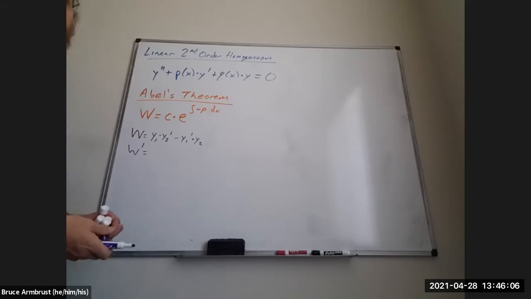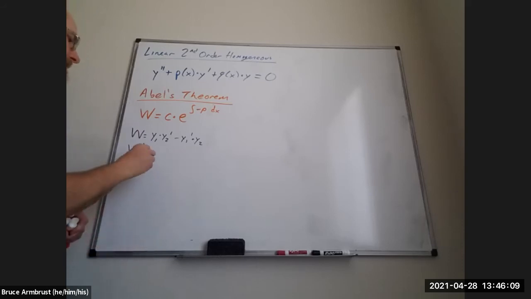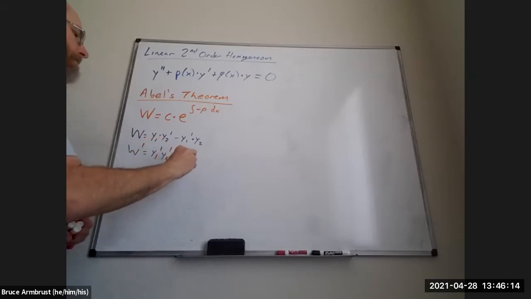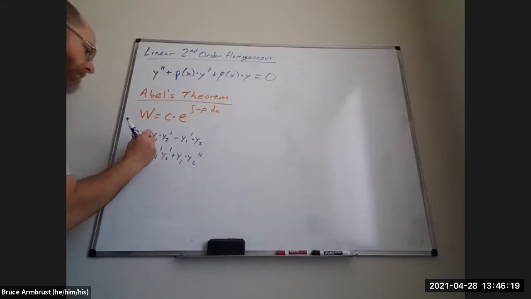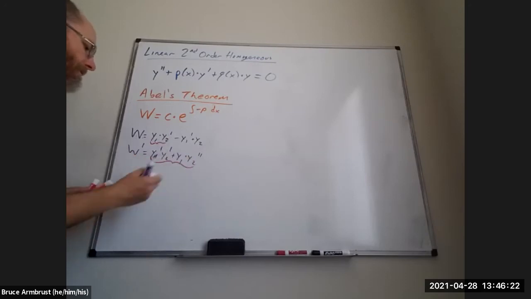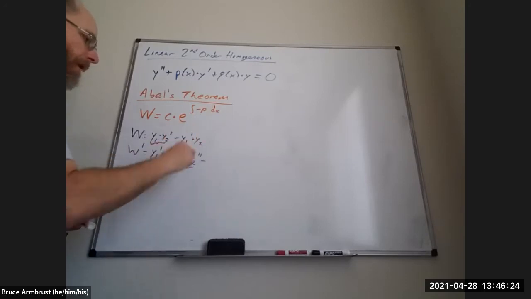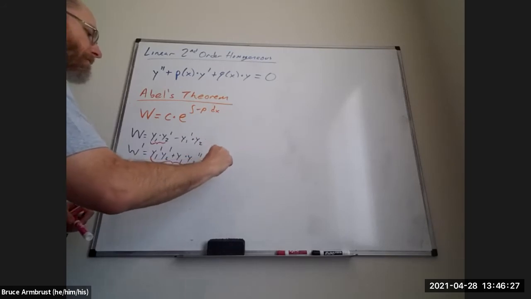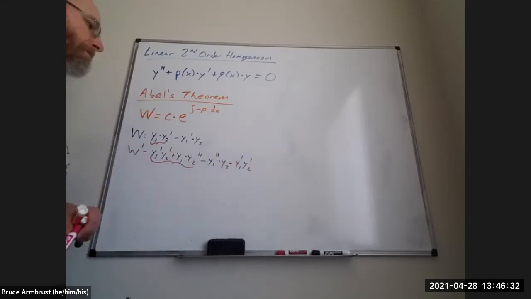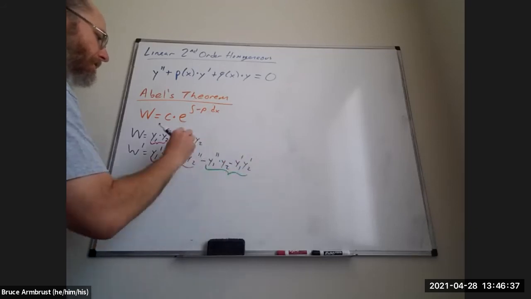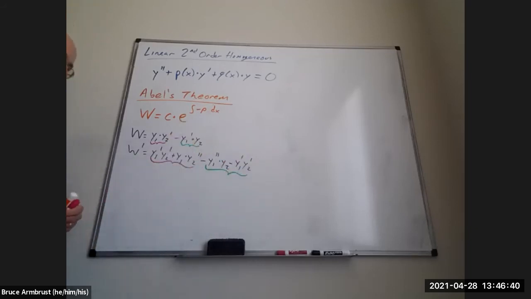So you take the derivative of W, and you're going to get y1 prime y2 prime plus y1 times y2 double prime. This right here was the product rule on the first piece. And then you do the product rule on the other piece, you get y1 double prime times y2 minus y1 prime y2 prime. Again, this was the product rule on that piece.